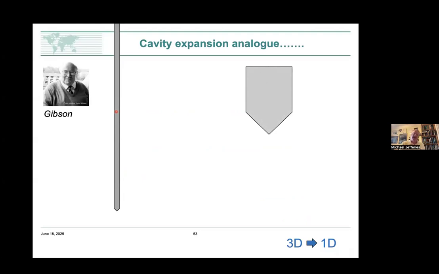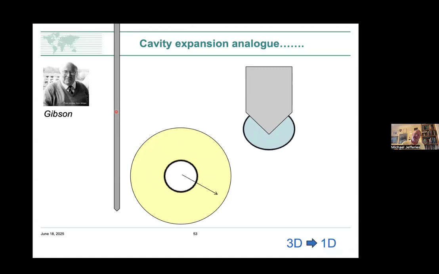He said, as that thing goes into the ground, it creates space around the tip. And that space around the tip looks a little bit like if I had the ability to go into the ground and inflate a balloon, as it were, I'm creating a cavity. So we have this idea that perhaps the stresses required to inflate a cavity to create space for the CPT would be comparable to the stresses on the tip.